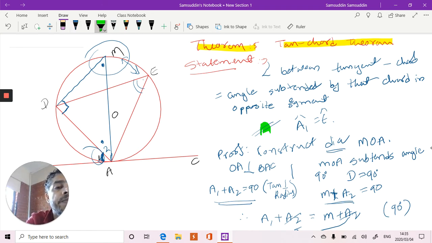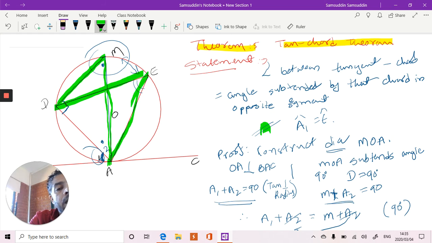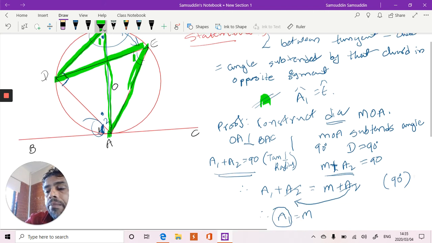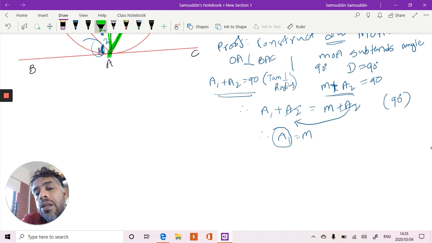Angle M is subtended by the chord DA. The same DA subtends the other angle, angle E. So, as in the previous theorem, angles subtended by a common chord are equal, angle M equals angle E.